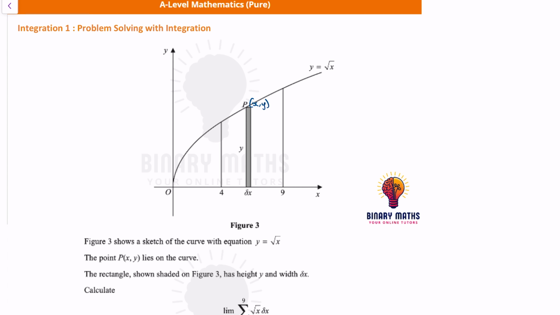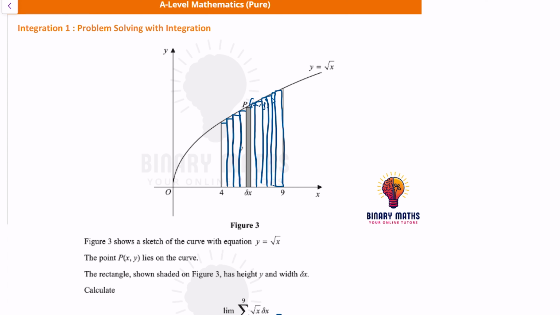So that is the same thing as saying if we draw multiple rectangles between x equals 4 and x equals 9, all of them of width delta x, and we sum them up, then what we're essentially doing is trying to find the area under the curve using these rectangles.